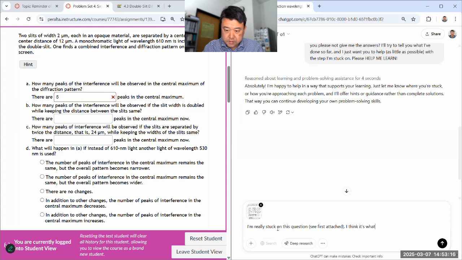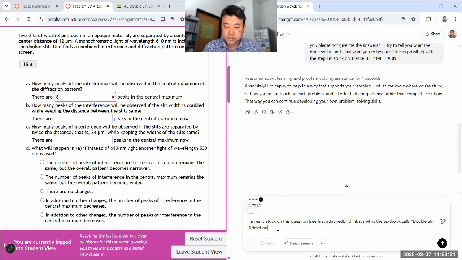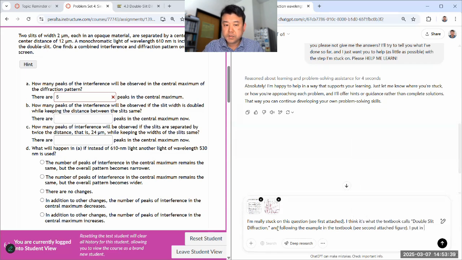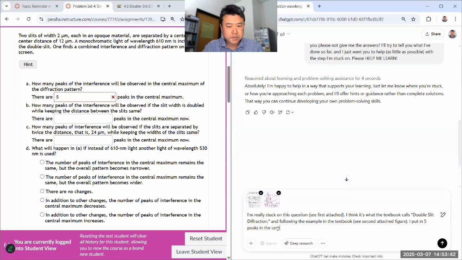I think it's what the textbook calls double slit diffraction, and following the example in the textbook, see second attached figure, I put in 5 peaks in the central maximum, but the system says that's wrong.